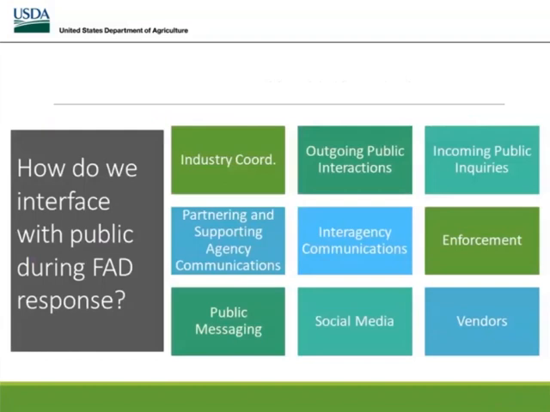One of the things that I wanted to touch on this slide is really about vendor interface. A lot of what I will share came out of our recent V&D response, but we've done many animal disease responses over the years in California, and so much of what I have to say is valuable during all of those other responses as well.